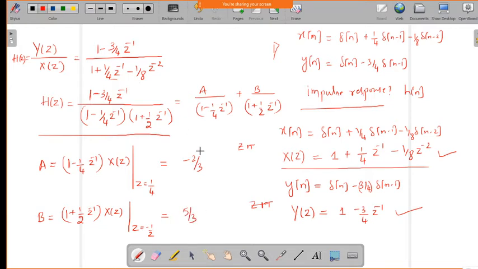Now substitute these values here, and by taking the inverse Z transform we will get h of n.